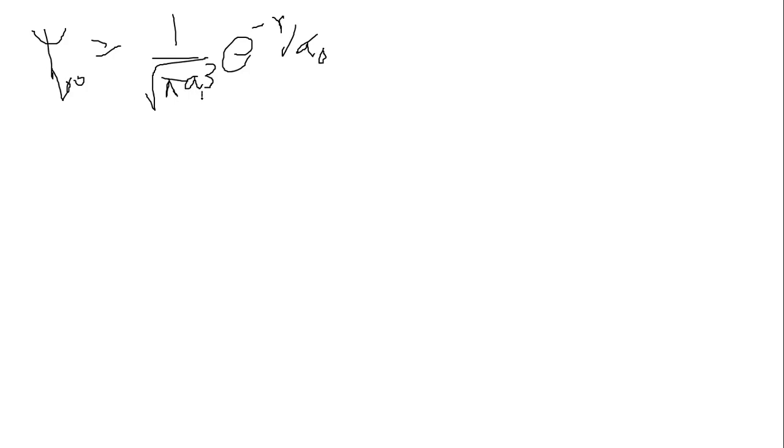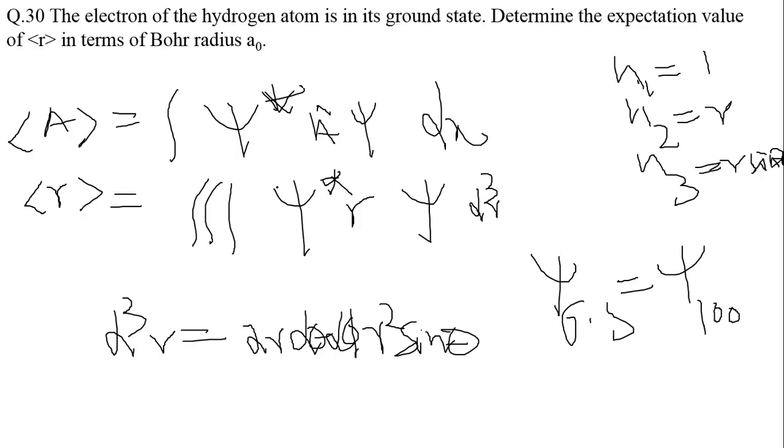Here it will be a0 again, because it is given in terms of the Bohr radius a0, expectation value of r, and the electron is in ground state. So for the ground state the wave function is 1 by root pi a0 cube, e to the power minus r by a0.